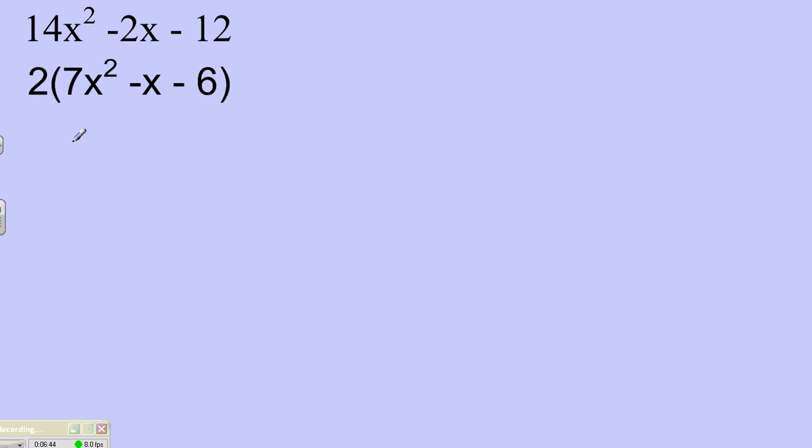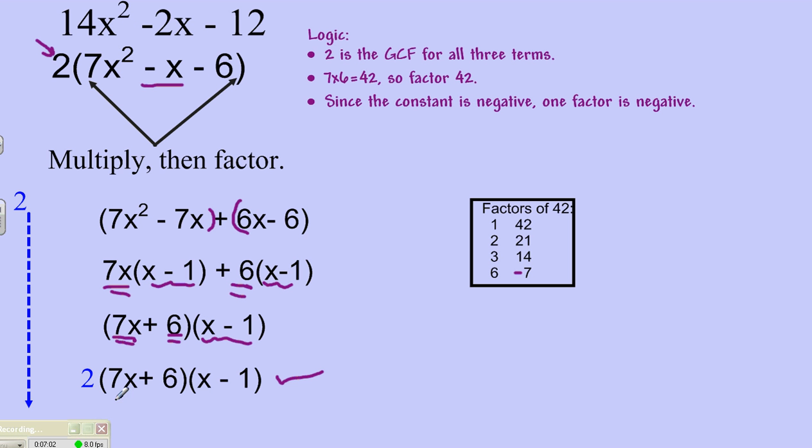Here's another one, and you should try it as well. What you can do when you get your final answer is enter both in the calculator. They should graph on top of each other, and then you'll know you have an equivalent. The other thing to check too is to make sure that there is nothing in common in each of these parentheses, because if you forgot to factor out 2, this would be 14x plus 6.